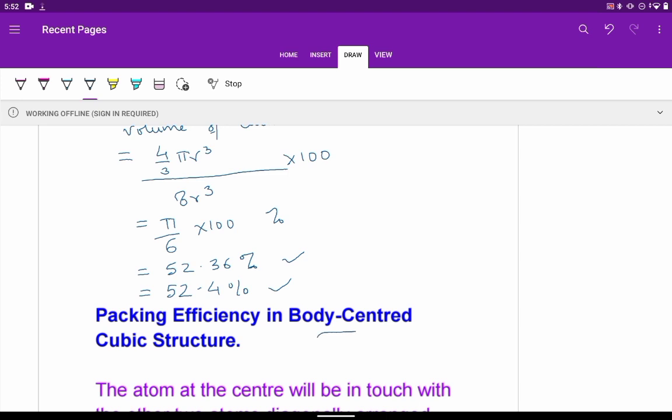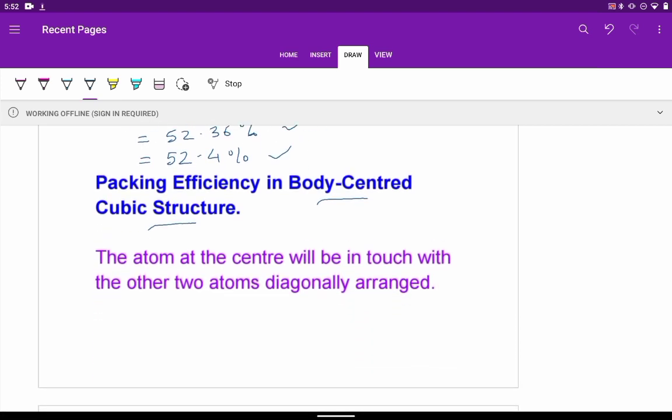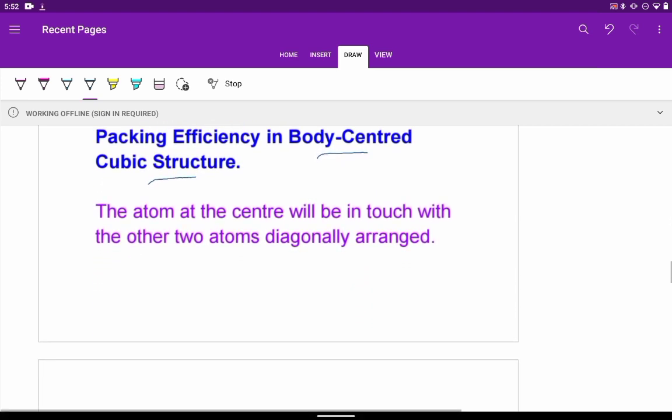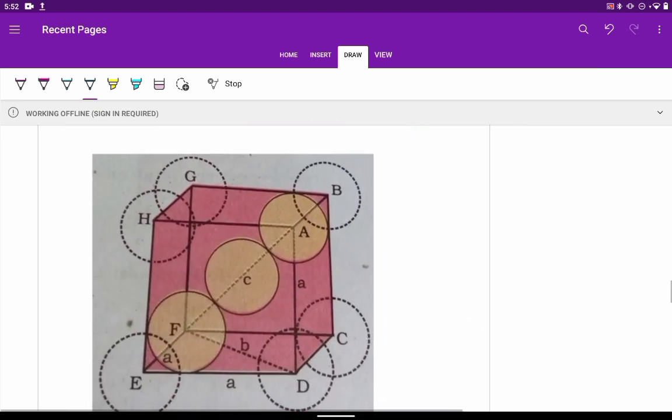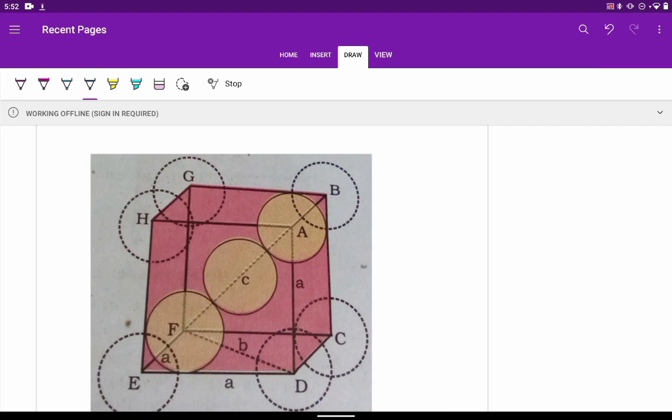In case of body-centered cubic structure, we will find that the atom at the center will be in touch with the two other atoms diagonally arranged. You can see here, at the center whichever atom is there, it will be in touch with the other two atoms which are diagonally arranged.